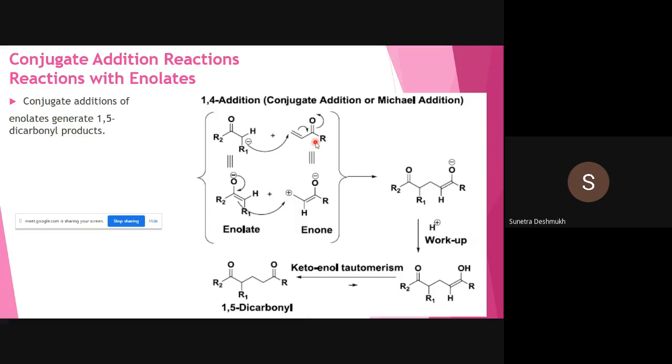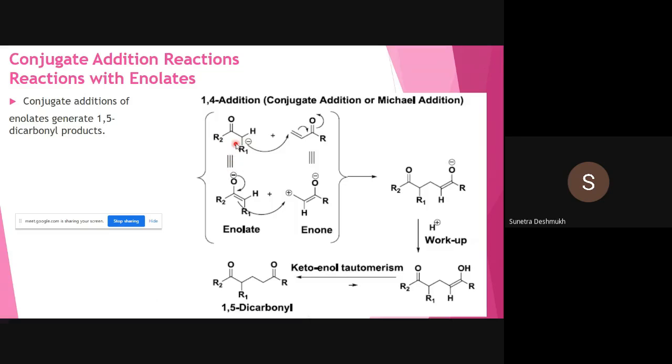Here we have generated the carbanion. The Michael donor is here, the Michael acceptor is here, the alpha beta unsaturated carbonyl group, and this carbanion attacks the soft site of the alpha beta unsaturated carbonyl group, as it acts as a soft nucleophile.